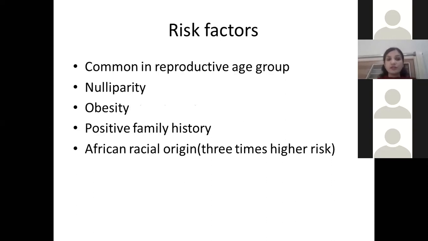Nulliparous women, the women who have never conceived, are more prone to developing fibroid. Obese women, it's also a risk factor because the adipose tissue produces estrogen. So this may cause the fibroid formation. If the patient has a family history of fibroid, this can also be a risk factor. And African racial origin, they are at 3 times higher risk of developing fibroid.